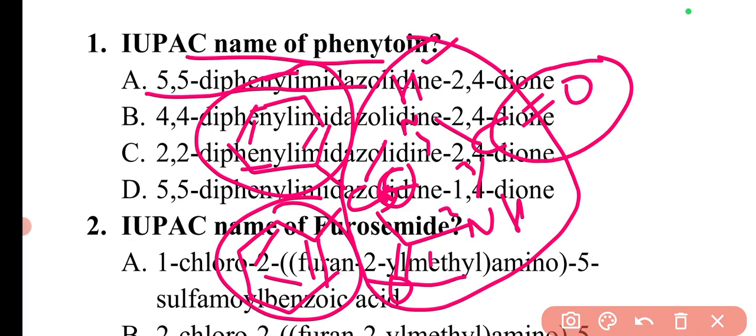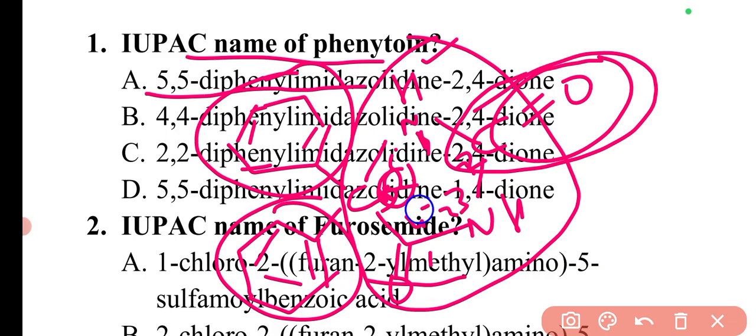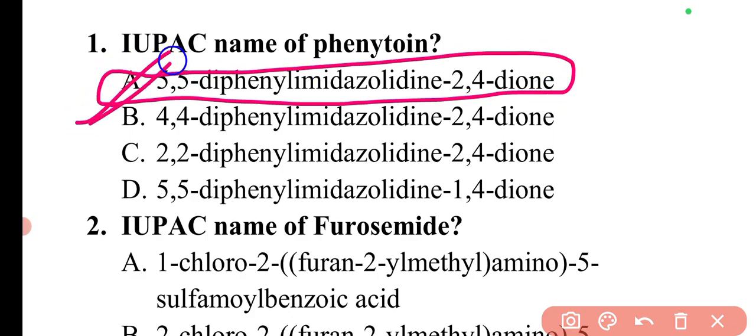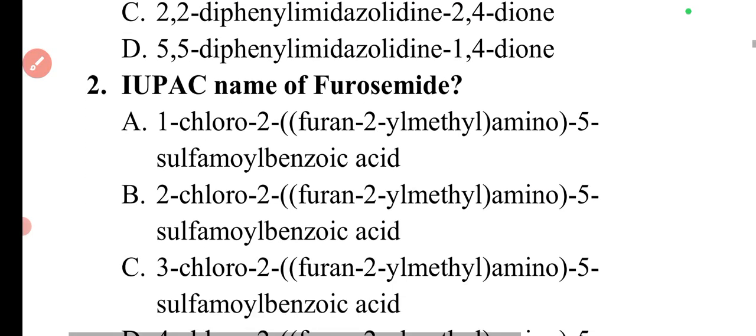These are at the 2 and 4 positions. The numbering goes from this nitrogen as 1, 2, 3, 4, and this 5. So at the second position there is a ketone group, and at the fourth position there is a ketone group. So the IUPAC name becomes 5,5-diphenyl imidazolidine-2,4-dione. Then we can move to the next question.